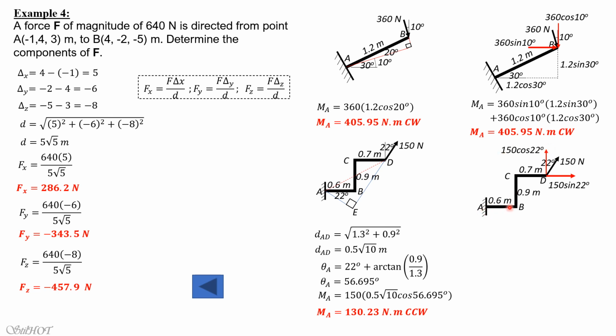Its moment arm is 1.3, 0.6 plus 0.7, as positive. Then minus 150 sine 22, the moment arm is 0.9, so negative. So 150 cosine 22 times 1.3 minus 150 sine of 22 times 0.9. Solving for MA gives the same result, and the sense is counterclockwise. So that's it.